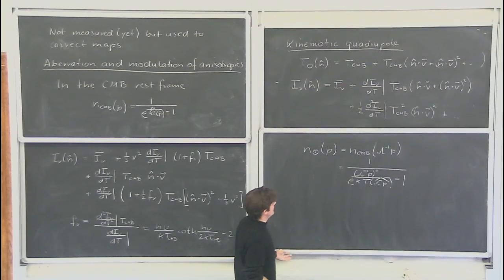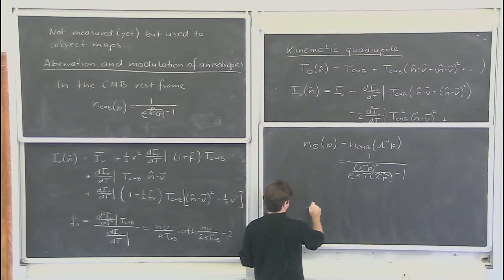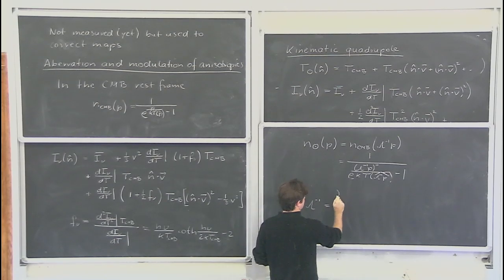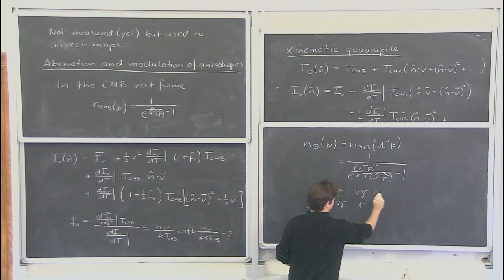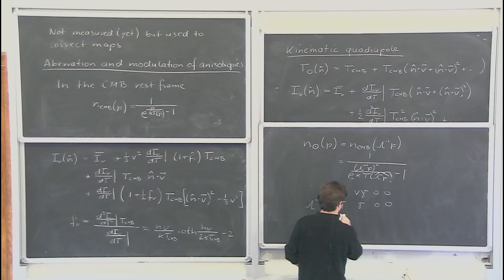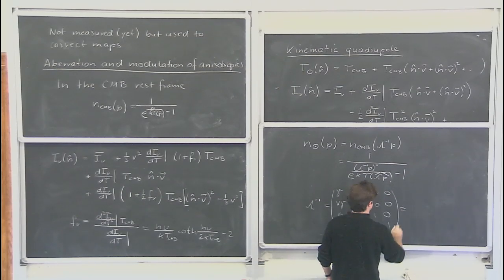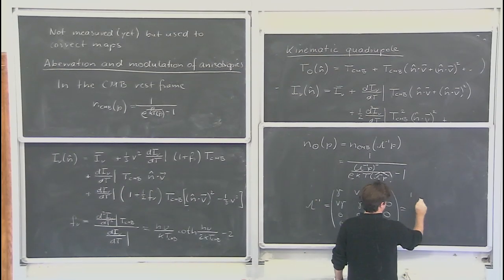So again, lambda inverse we said was the matrix with gamma, v gamma, gamma, 0, 0, 0, 0, 0, 0, 1, 0, 0, 0, 0, 1. And we're working at small velocities, so we might as well expand at the beginning, not at the end.